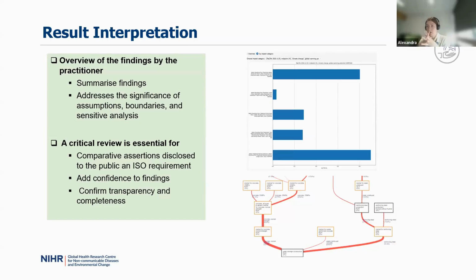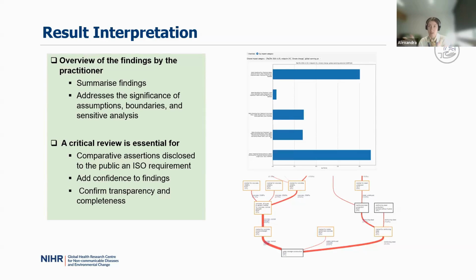So in short, what you can do with results: look at the total results of several products to see which is the best choice and compare and see why they are so different. Or look at one set of results. You can see on the bottom that there's a Sankey diagram. You can see what the main contributors are by percentage.